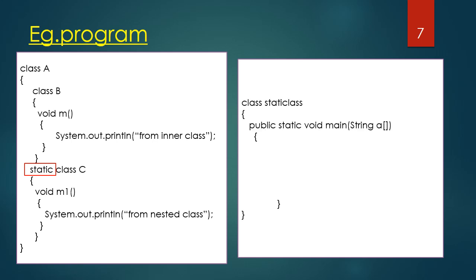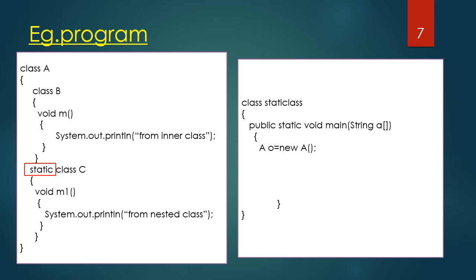So let us see the class with the main method. From this we create objects and access methods M and M1. First, to call the method M, we have to create an object of the B class. Since B is an inner class, first we have to create an object of the A class.